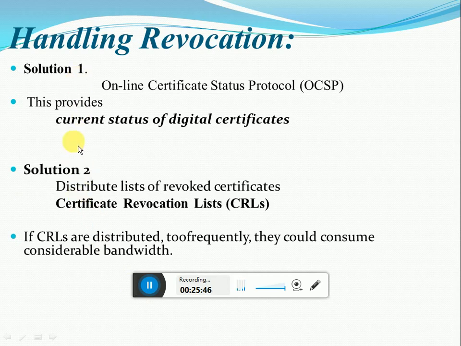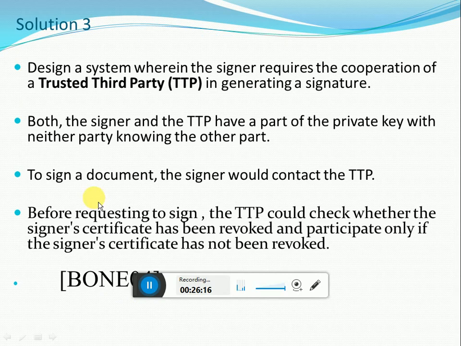In both these solutions, the onus is on the verifier to make sure that the certificate is currently valid. By contrast, it is possible to design a system wherein a signer requires the cooperation of trusted third parties in generating the signature. Such a scheme is going to be discussed in the next topic.